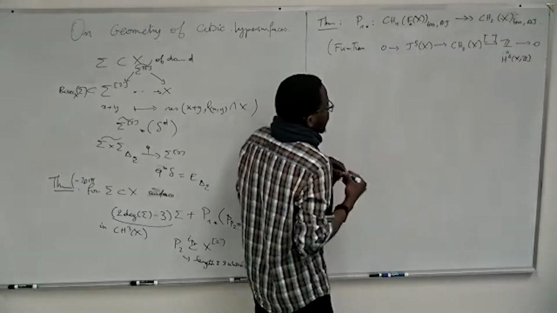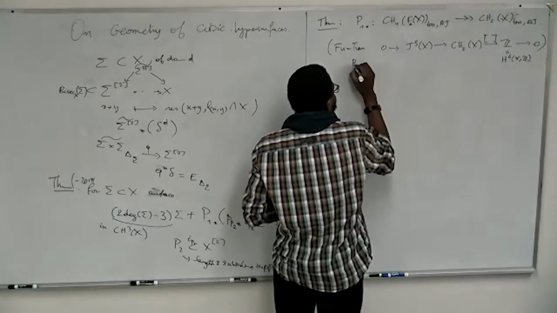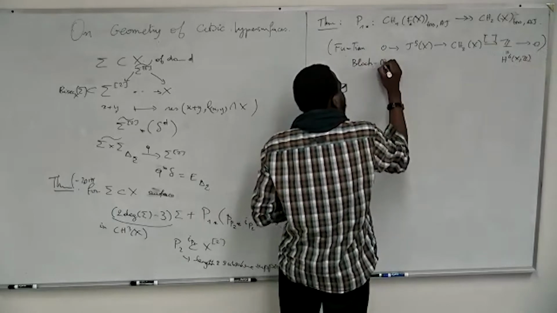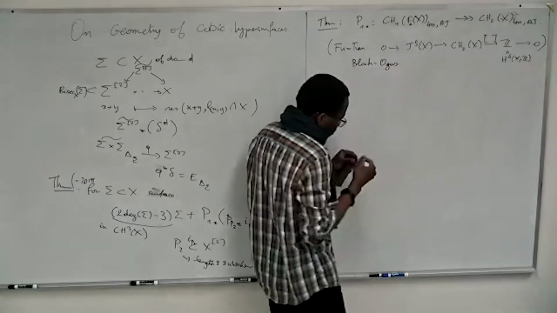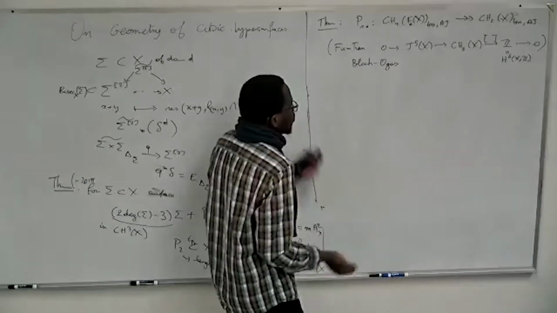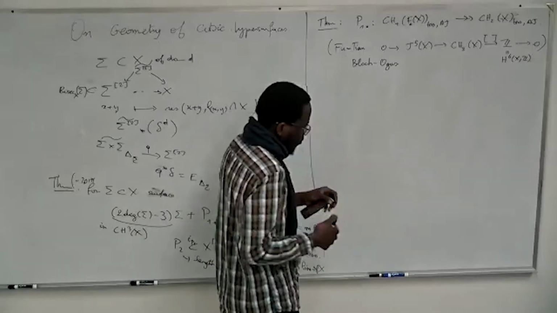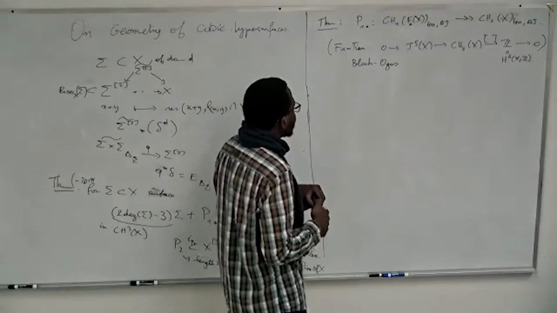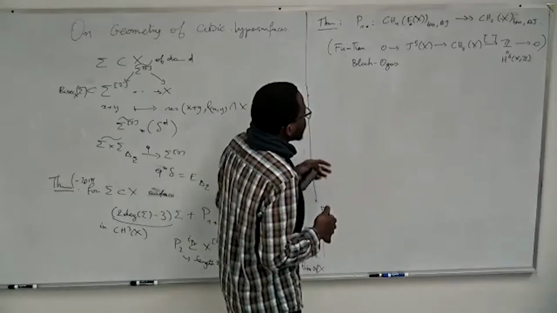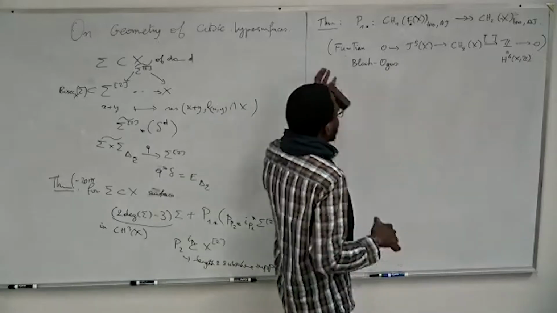The way they do it is by using Bloch-Ogus theory, which is related to coniveau, unramified cohomology and Griffiths groups and things like that. They really go through the Bloch-Ogus spectral sequence, showing one vanishing after the other, and then they managed to prove this thing.